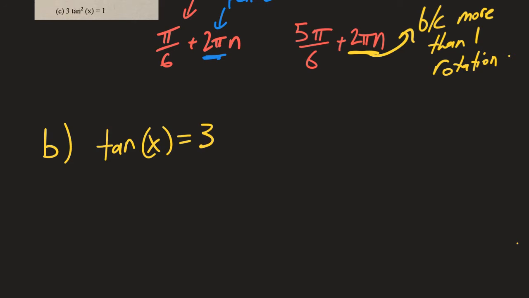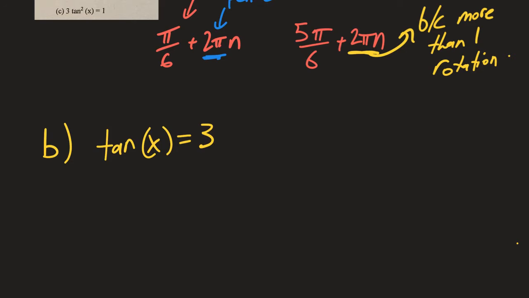So how am I going to solve this? Well, sadly, we're stuck relying on a calculator for something like this when we don't have a real angle, or at least not one from the unit circle. We have no reference point, so we're just going to have to rely on a calculator.